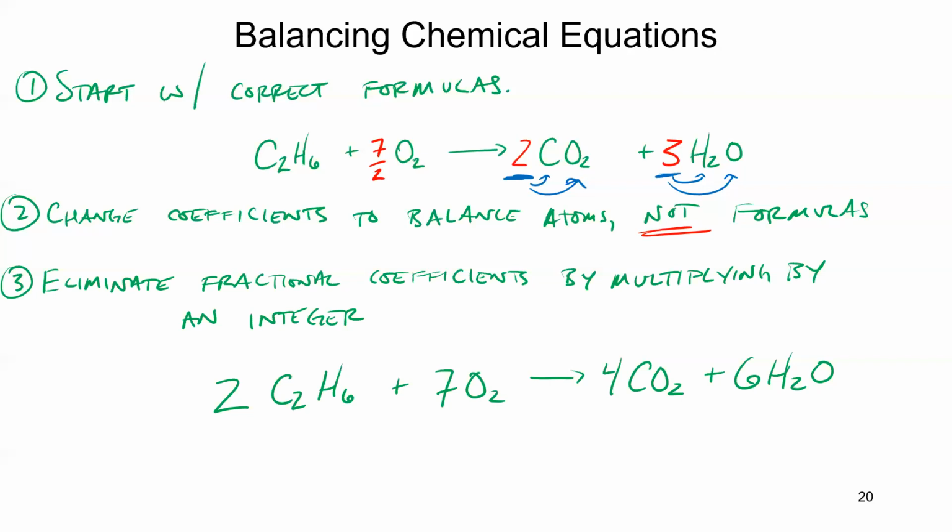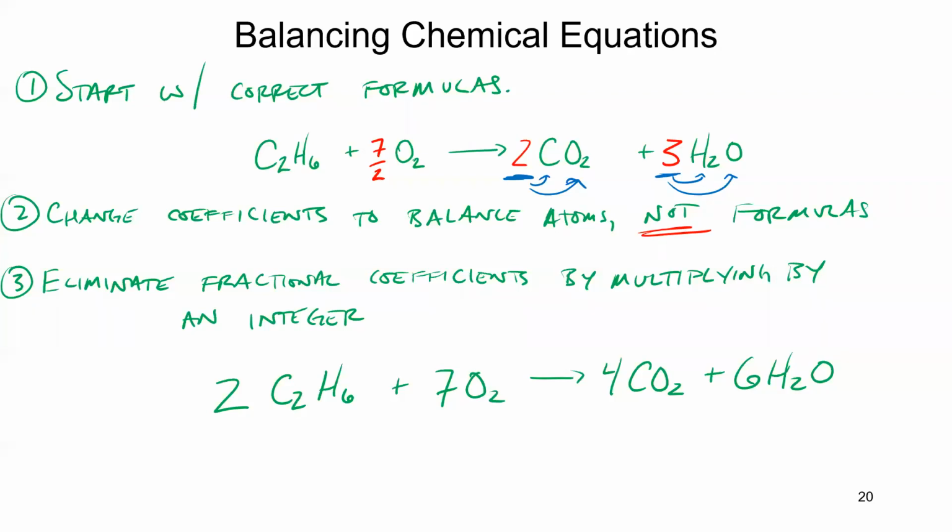And then the last thing, of course, we can always use a double check. We just need to make sure that we have the same number of atoms of each element on each side. We can say the same number of moles of each element on each side. 2 times 2 gives me 4 carbons on the left. 4 times 1 gives me 4 carbons on the right. 2 times 6 gives me 12 hydrogens on the left. 6 times 2 gives me 12 hydrogens on the right. 7 times 2 is 14 oxygens.